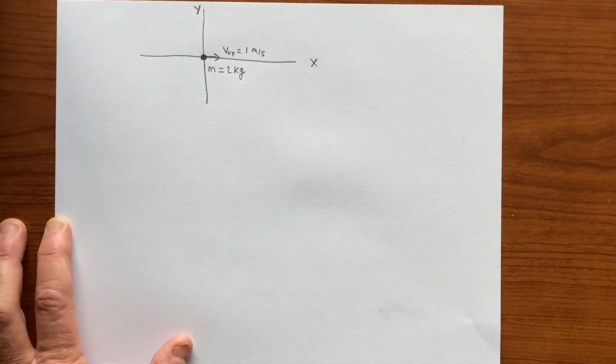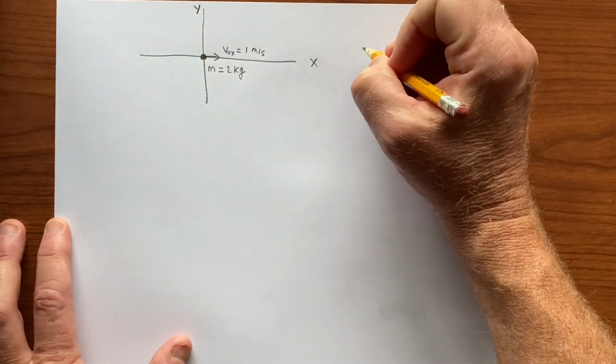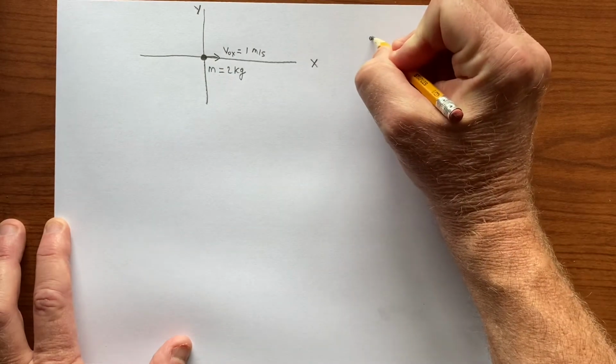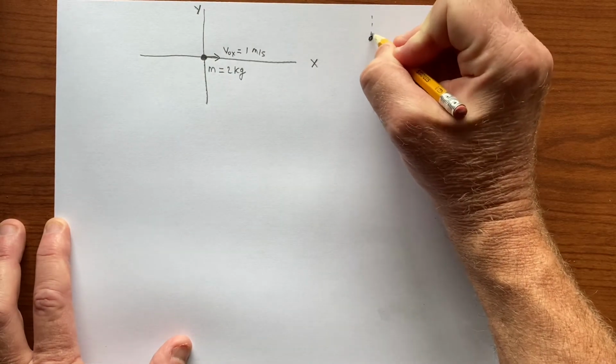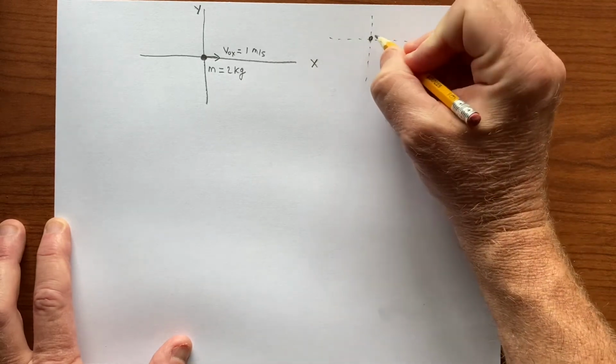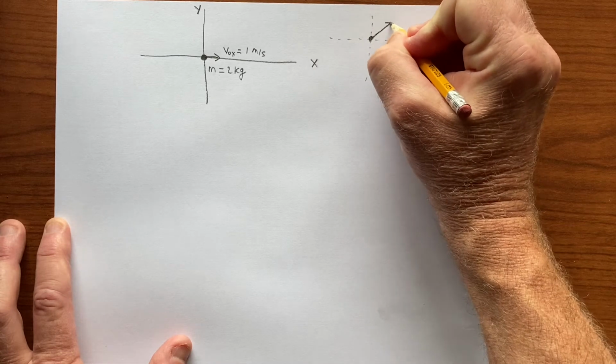But it's acted on by two forces. Well, I don't want to draw the forces on a diagram where I have a velocity. So let me put the object over here and draw forces. So let's say there's a force at 45 degrees.